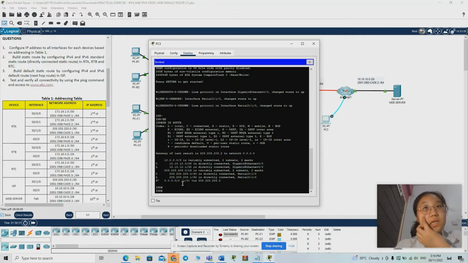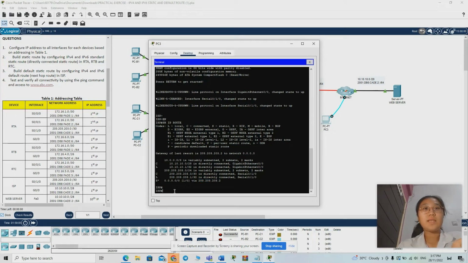That means the default gateway, the outgoing interface is 203.203.203.2. That means the gateway of last resort is 203.203.203.2 to the network 0.0.0.0.